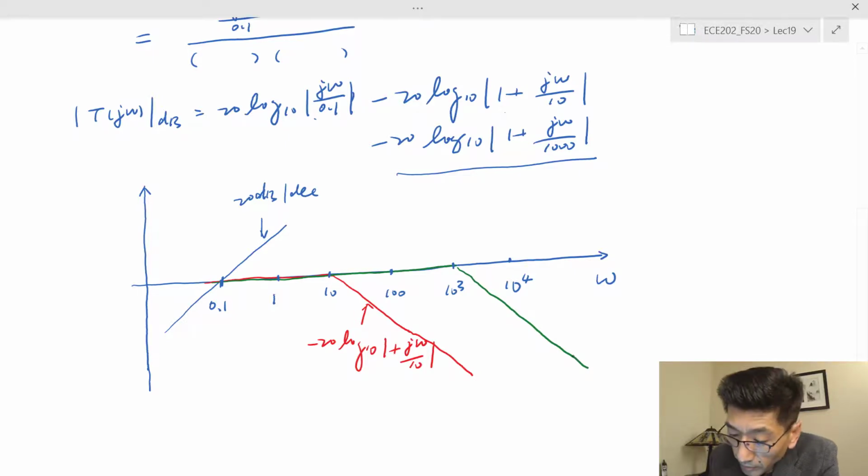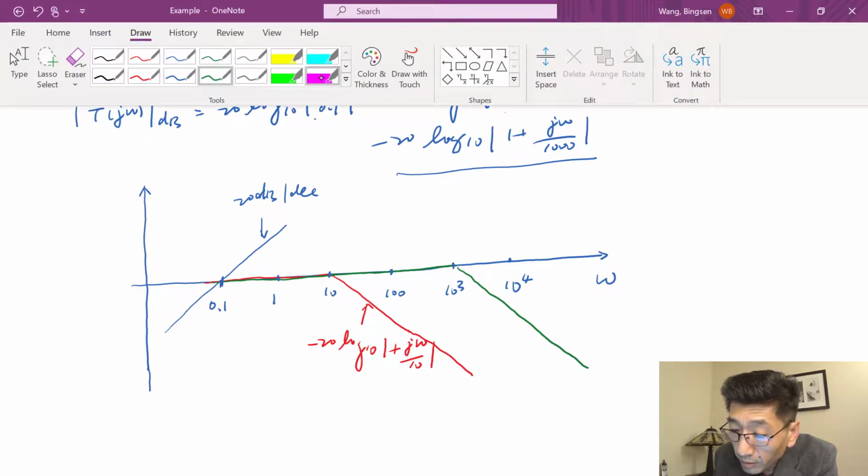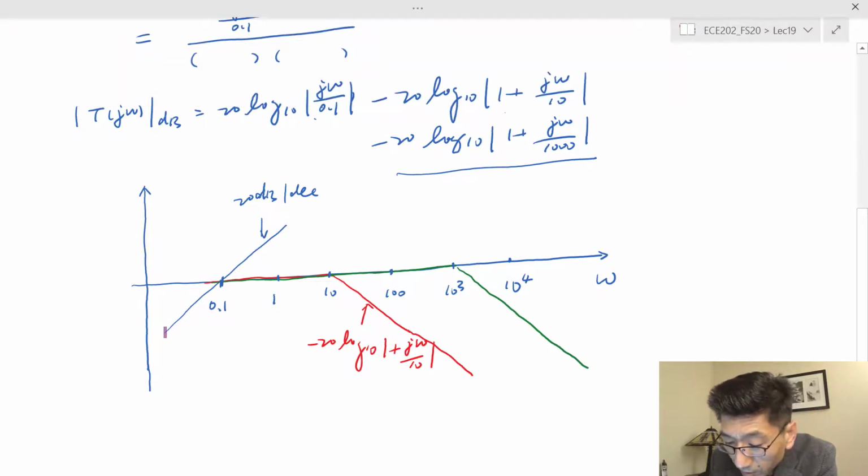Now I need to add these 3 lines together. Below 10 radian per second, the second and third terms are both zeros, so I only need to draw the first term. Let me change to a nice magenta color. I'm going to follow the first line until 10 radian per second.